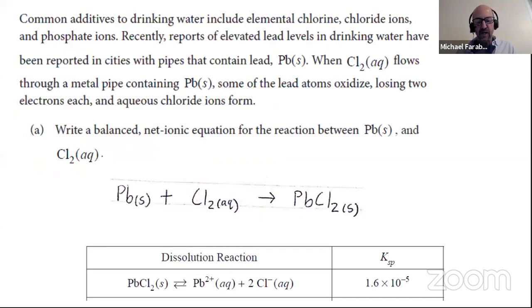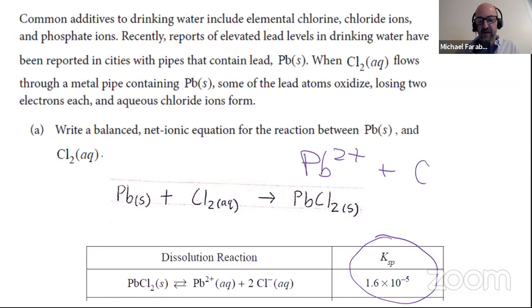Now, a certain number of students did report this as their answer. If you look ahead to the next part of the question where solubility product constants are going to be given, I could see why a student might have been concerned about writing the products of the reaction as lead and chloride, because they might have said, well, if lead chloride is rather insoluble in water, then it has produced a precipitate.